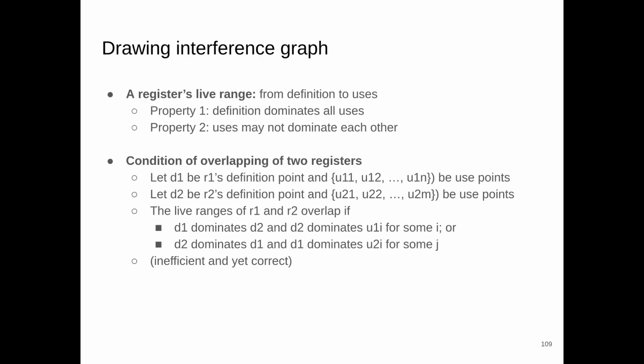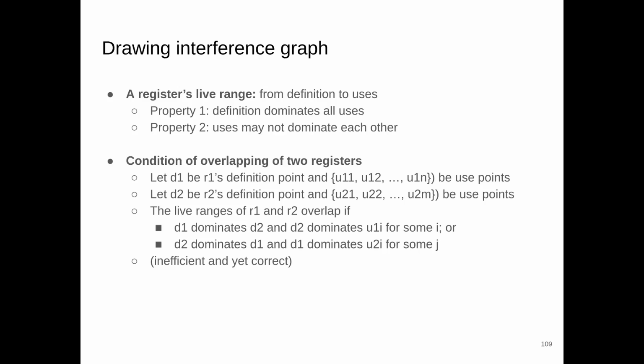So let me first explain how to draw the interference graph. Recall that in an interference graph, two registers are connected to each other if their live ranges are overlapping. A register's live range is from definition to its uses.